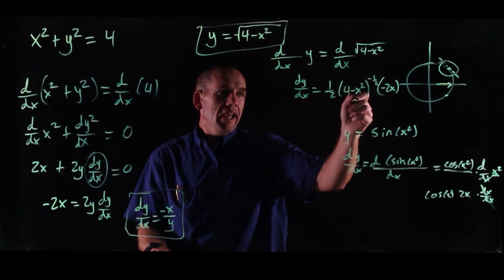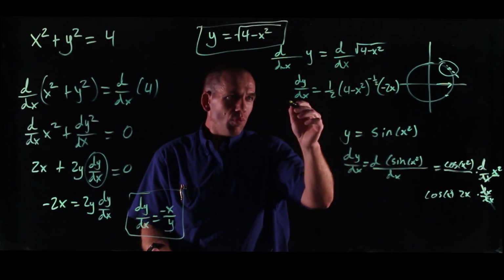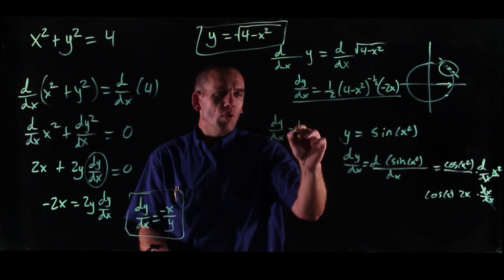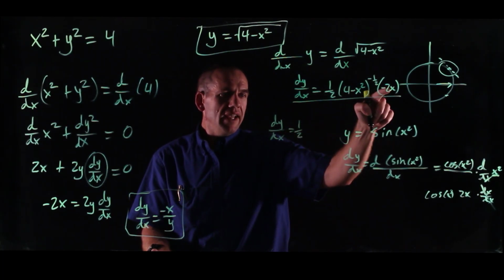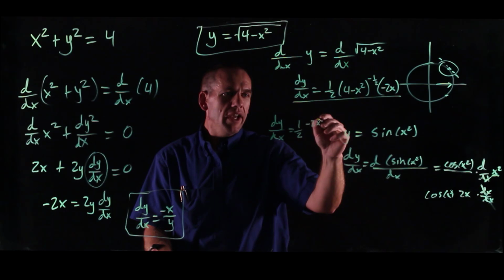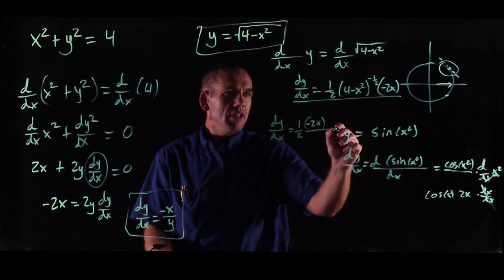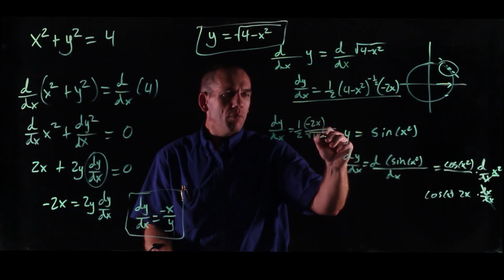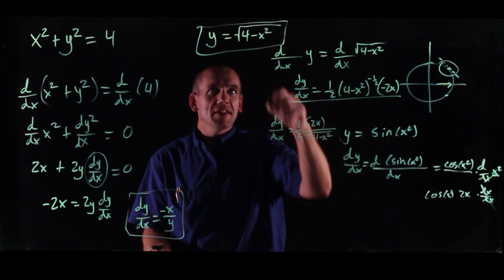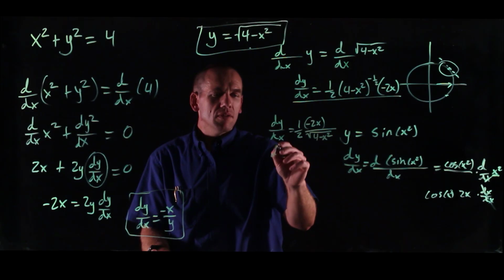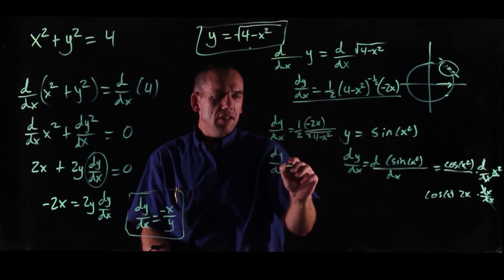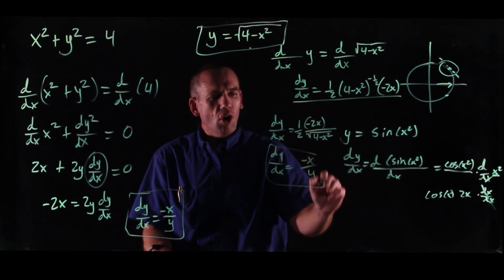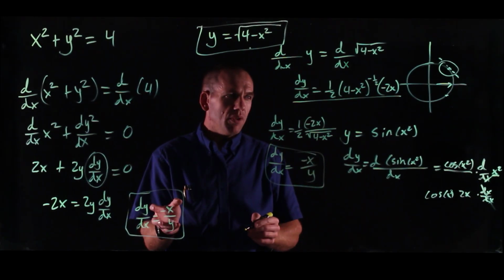And so if we rewrite this, dy/dx is equal to 1/2 times this negative 2x, and then in our denominator, we have the square root of 4 minus x squared. Well, the square root of 4 minus x squared is y. So dy/dx is equal to half of negative x over y. So they are, in fact, in total agreement with each other.